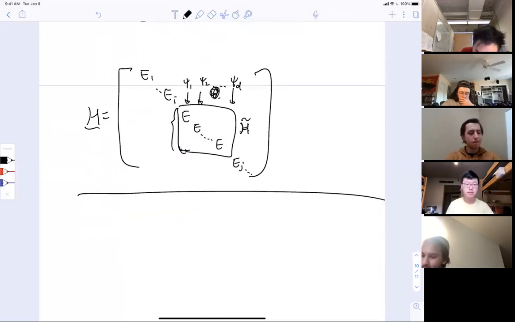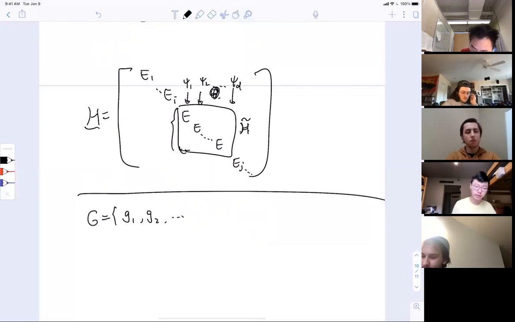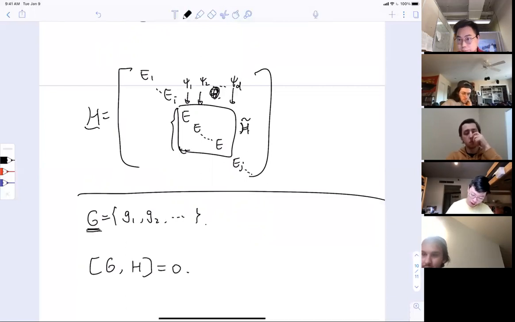So let's assume there's a group, with some elements, and we say this group is a symmetry for the system, meaning that all the group elements commute with our Hamiltonian.